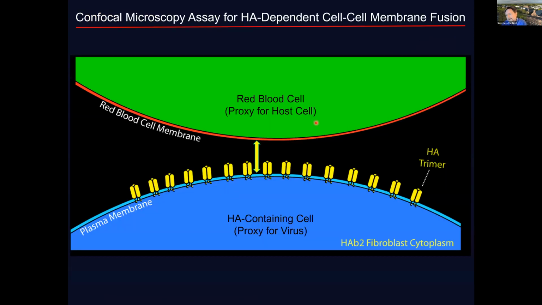And we can study this with microscopy using a cell-cell fusion model where red blood cells that have the right receptor on their surface are labeled with a fluorophore inside, a soluble dye, and a red fluorescent membrane dye on the outside, and are placed in close proximity to HA-containing cells, which can then be induced to cause fusion.